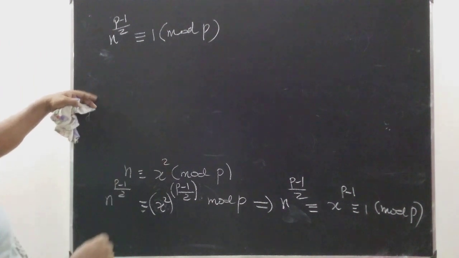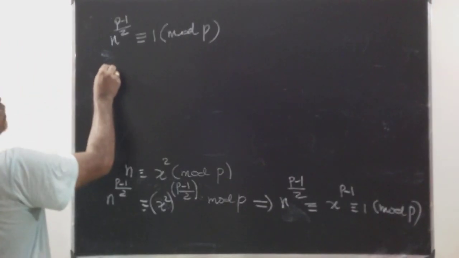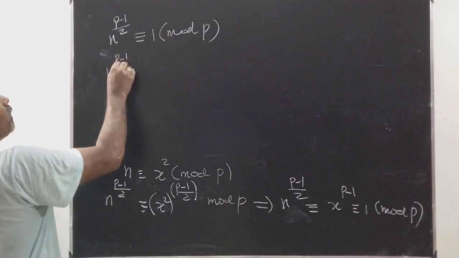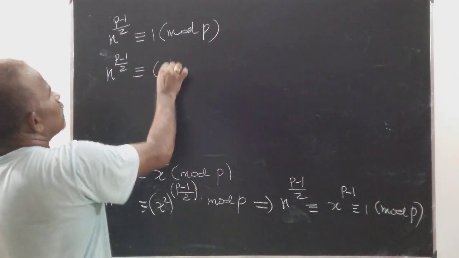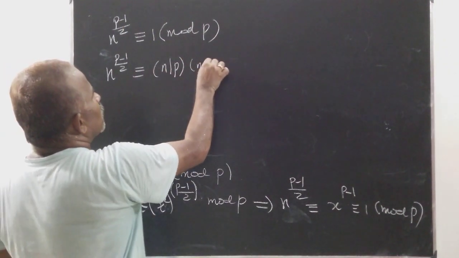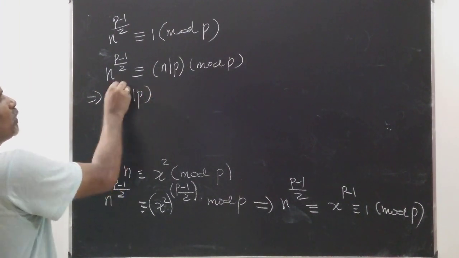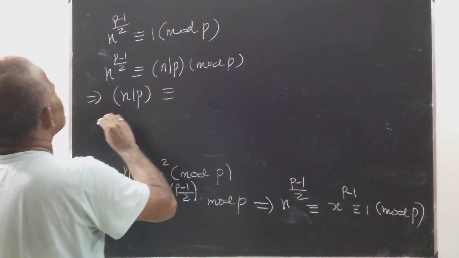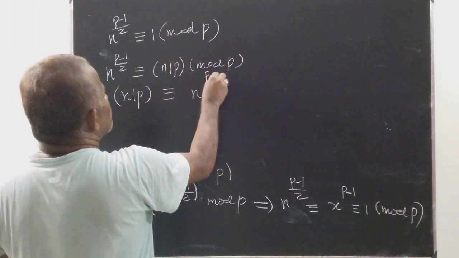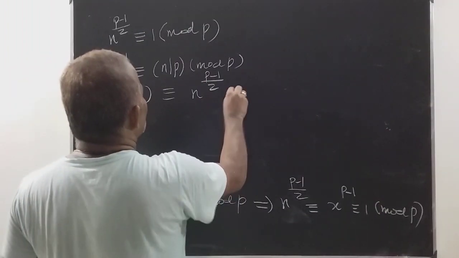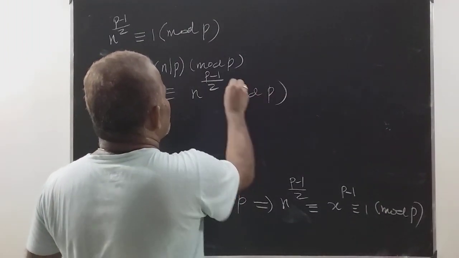So we are in the case (n/p) equal to 1. Therefore n^((p-1)/2) is congruent to 1 mod p. Therefore this implies (n/p) is congruent to n^((p-1)/2) mod p.